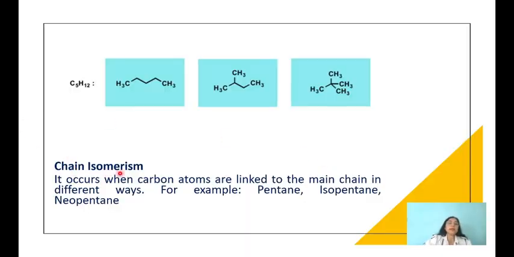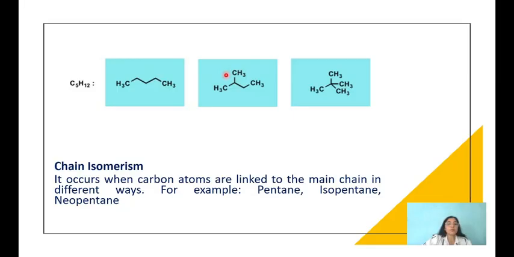First, we'll discuss chain isomerism. For an example, we take pentane, which has the molecular formula C5H12. The first one is normal pentane, a simple chain: CH3, CH2, CH2, CH2, CH3. If one CH3 group is attached to the second carbon, the molecular formula remains the same, C5H12.